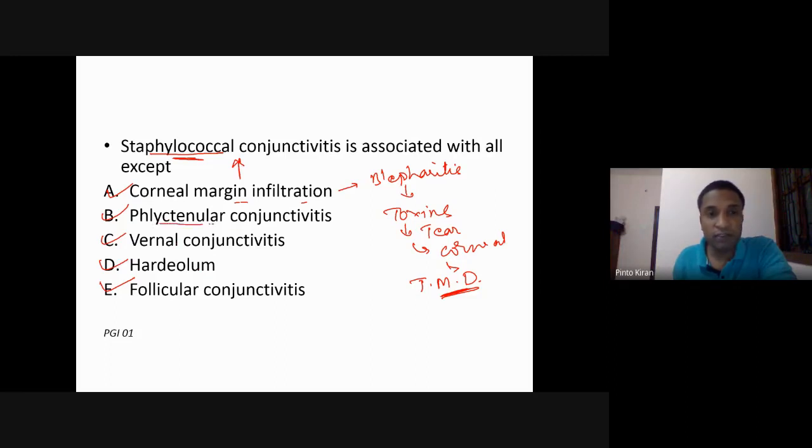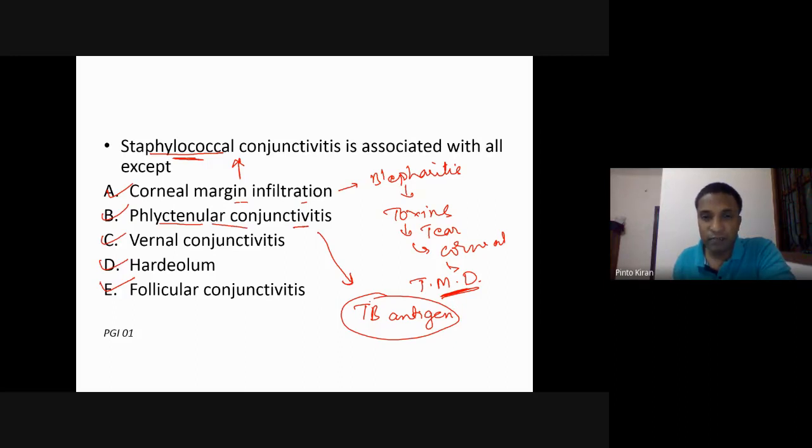Then you have a phlyctenular conjunctivitis. Again, we know the phlyctenular conjunctivitis, basically from the classes, is due to a hypersensitivity reaction to a tubercular antigen. This was in the olden days.